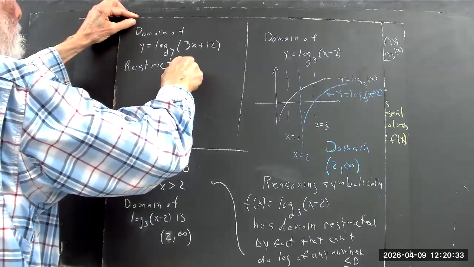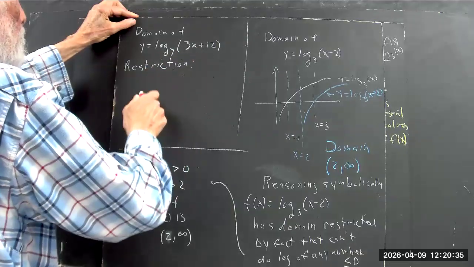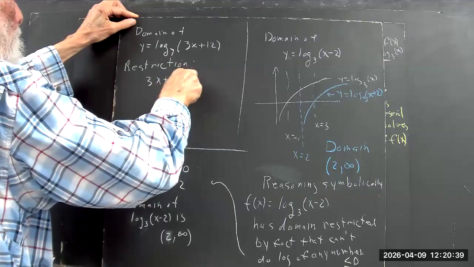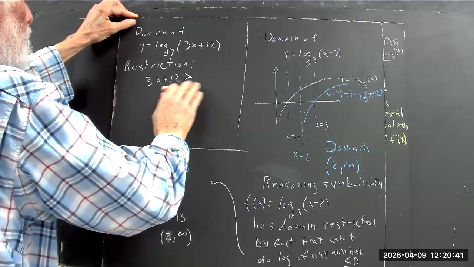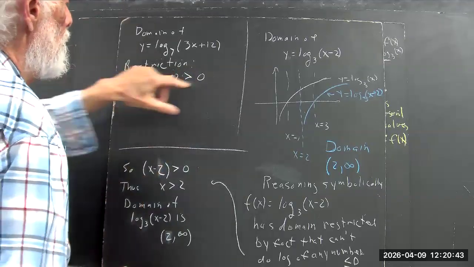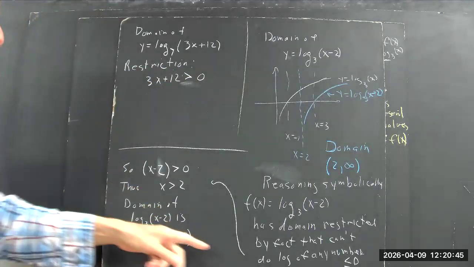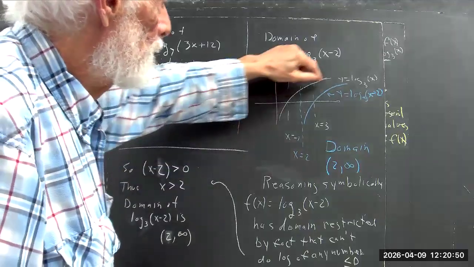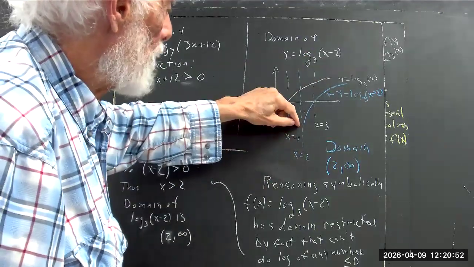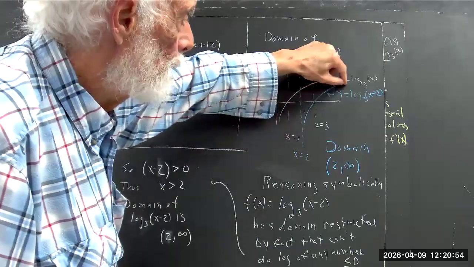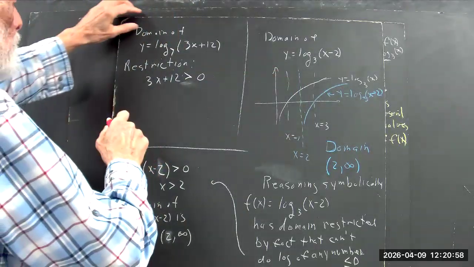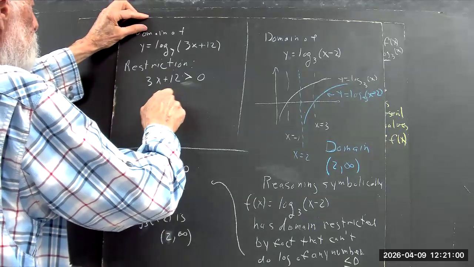Restriction, very simple. 3x plus 12 can't be negative. Same reason, x can't be negative for this function. So 3x plus 12 greater than 0.